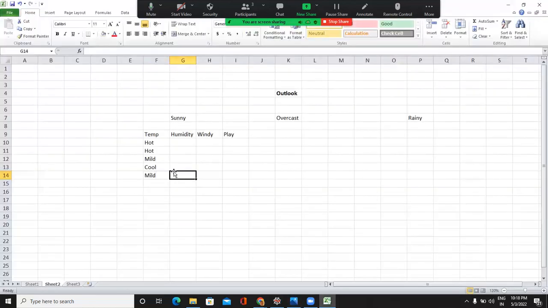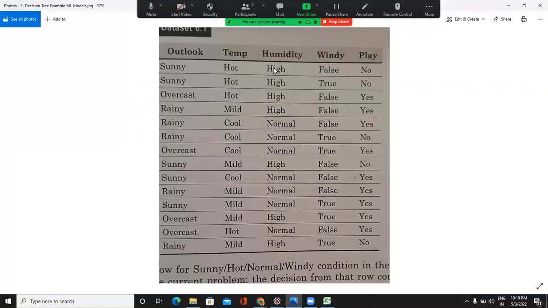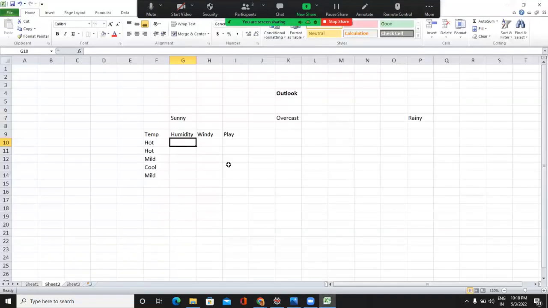Now here we can just copy the humidity: high, high, high, normal, normal. Three are high, the bottom two are normal.